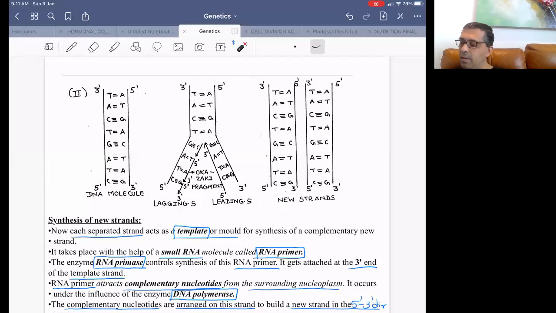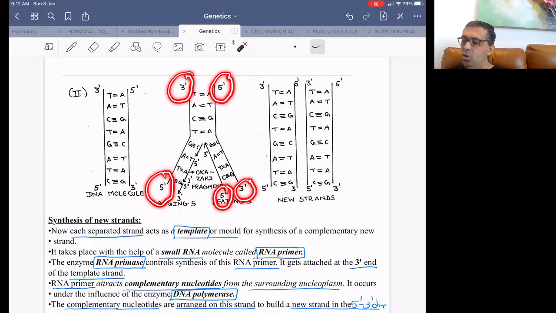So if I show it diagrammatically over here, check this carefully. 3 end, 5 end, 5 end, 3 end. This is the template. The new strand is formed 5 end to 3 end, but in the upward direction.